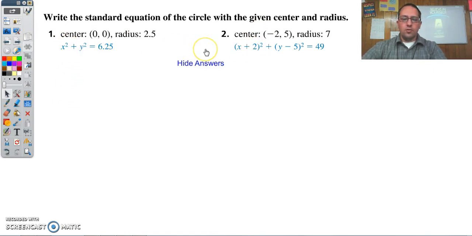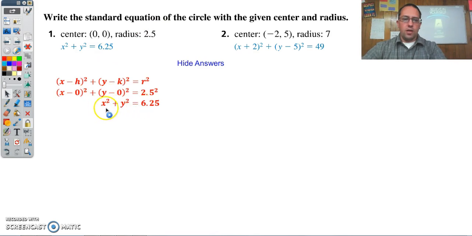So if you got these, great, you can skip ahead a little bit. If not, number 1, we're going to take the center, 0, 0, plug those in for h and k. We take 2.5, plug that in for r, and so we have this. It simplifies down, we have x squared plus y squared equals 6.25. All right.